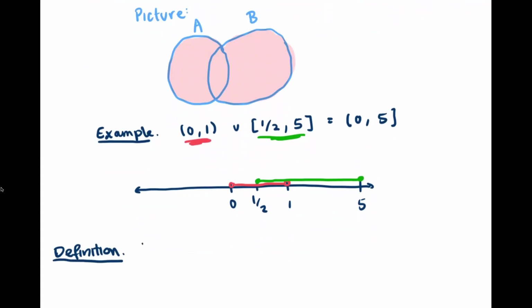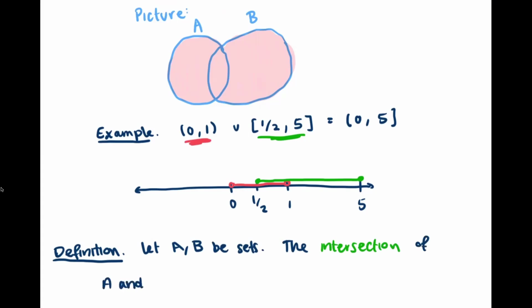So again, we'll let A and B be sets. Then the intersection of A and B, which is written, so basically you just take that union symbol from before and flip it upside down.